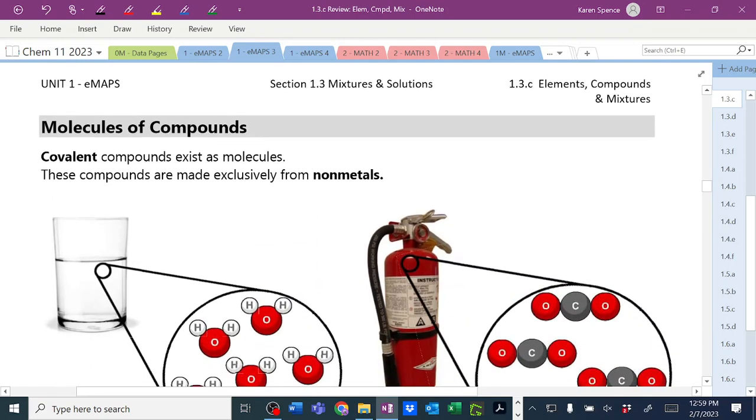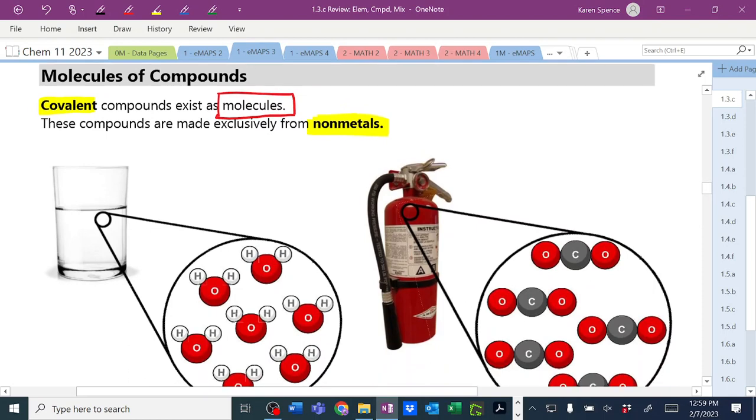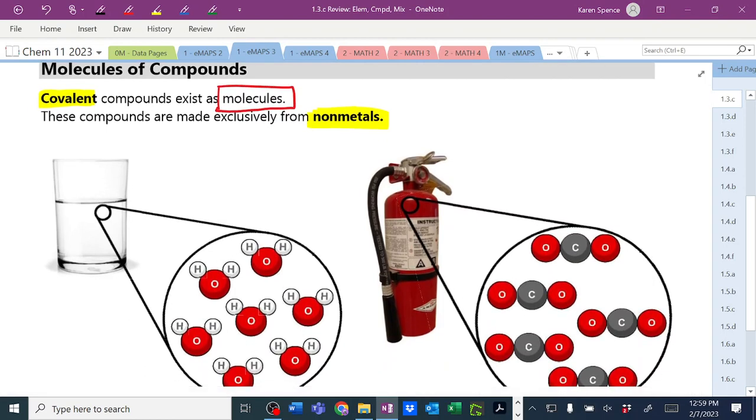All right, molecules of compounds. So covalent compounds, those ones made of nonmetals, they exist as molecules. So here we have a glass of water.